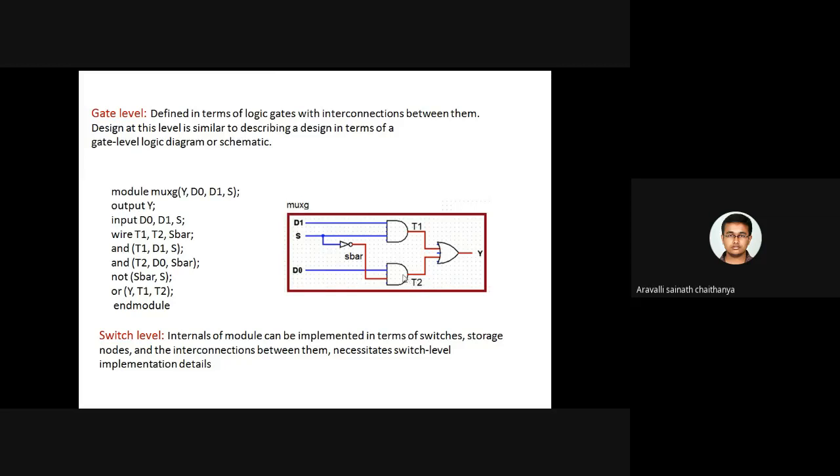So this is how a gate level description is designed, in terms of logical gates and interconnections between them. And the last one is switch level abstraction. It is the lowest level of abstraction, which is implemented in terms of switches. What are the switches here?